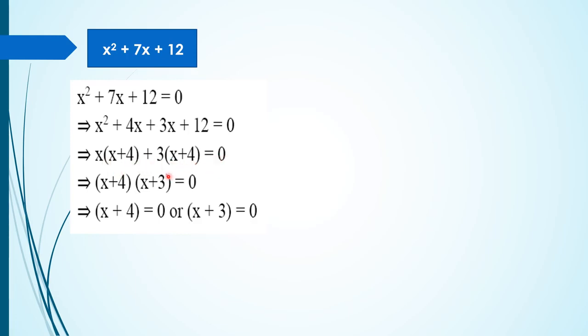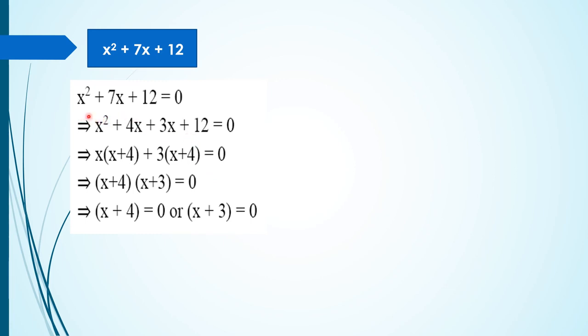Now from the two groups, I can take x plus 4 as common. The remaining is x in the first group, and in the second group the remaining factor is 3. Therefore, x plus 4 into x plus 3 is equal to 0.